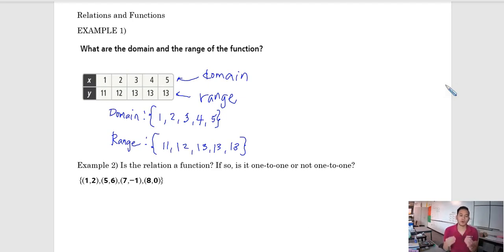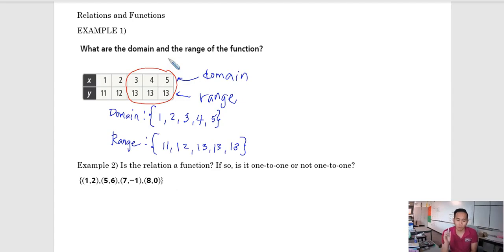Even though 3, 4, and 5 all map to 13, we still consider that this given set of domain and range is a function, since each element in the domain maps to exactly one output.